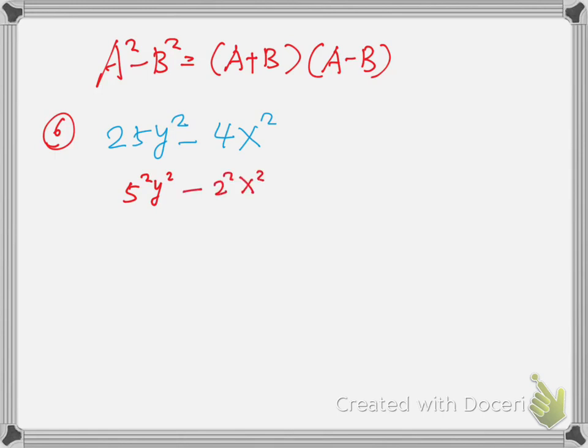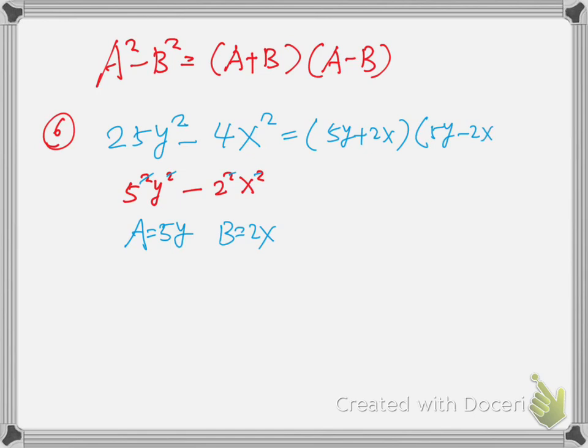Now what's a, what's b? Forget about the square. A is 5y, b is 2x. So this will be 5y plus 2x, a plus b, and 5y minus 2x.